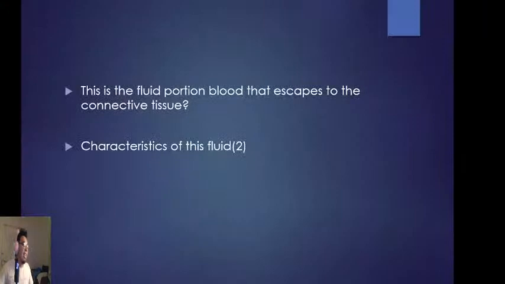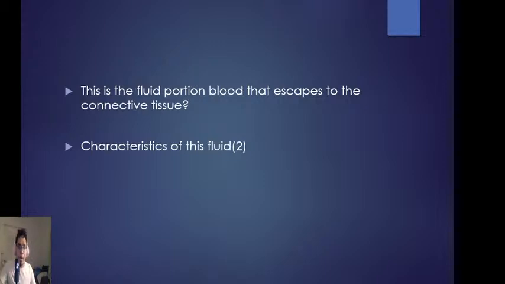All right. Next. The fluid portion of the blood that escapes to connective tissue is what we call the lymph. The characteristic of this lymph fluid is that it has no RBC content.